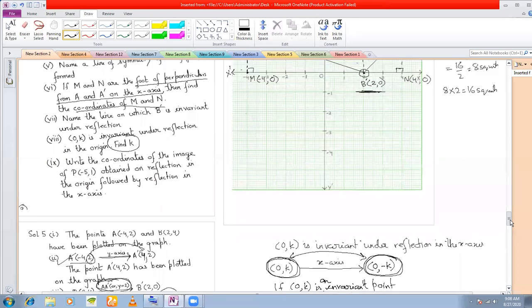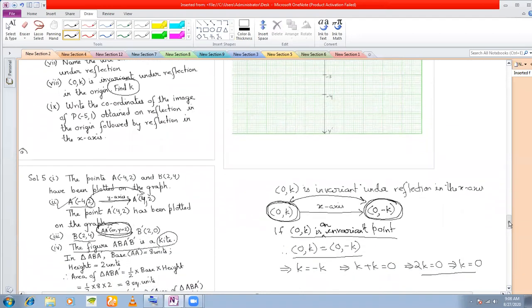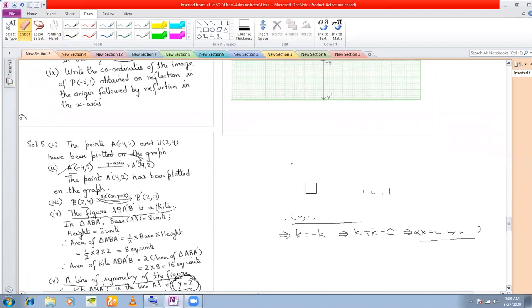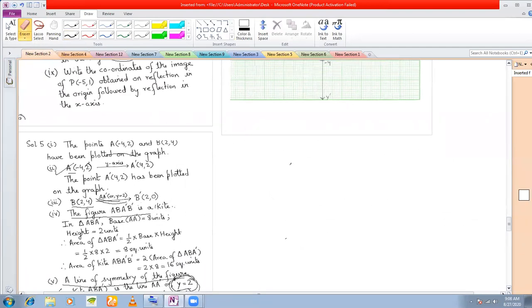We'll do the last part. Find the coordinates of the image of P obtained on reflection in the origin, followed by reflection in the x-axis. Now again, you don't have to plot these points. You simply write down the coordinates. First of all, write down the coordinates of the image of P. So P is minus 5, 1.